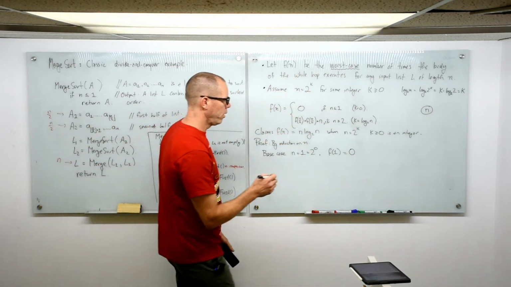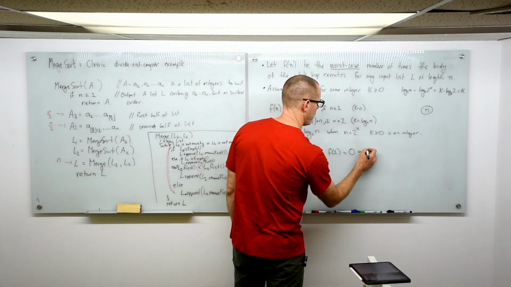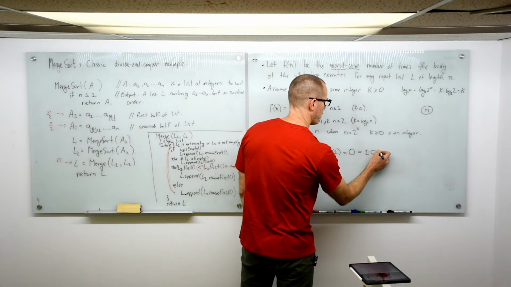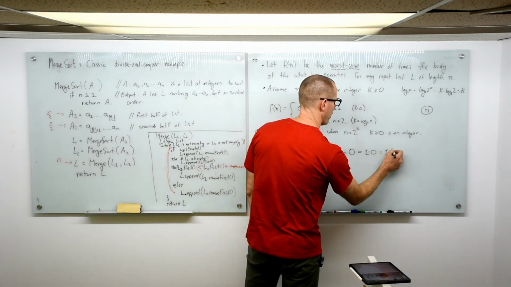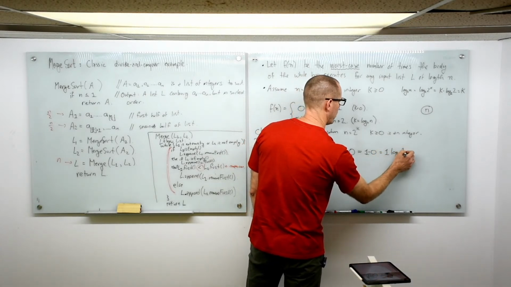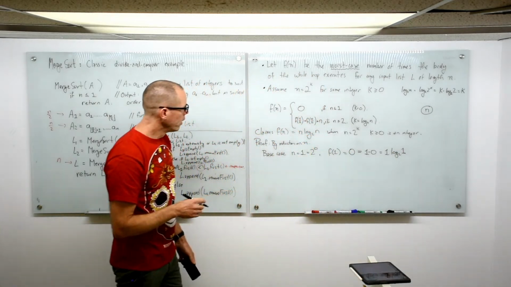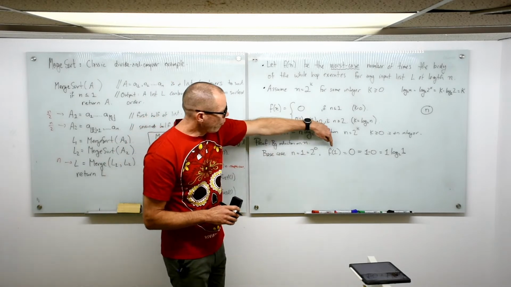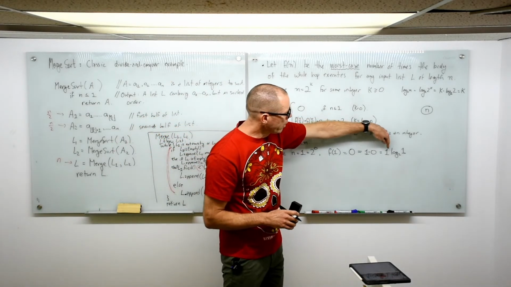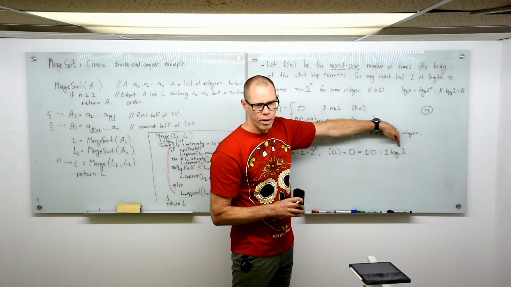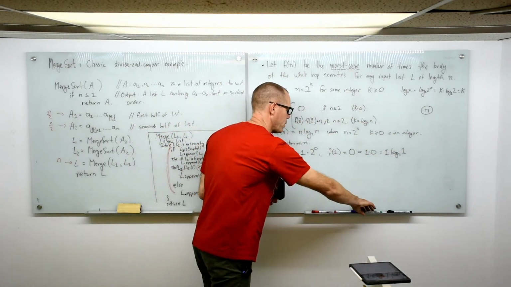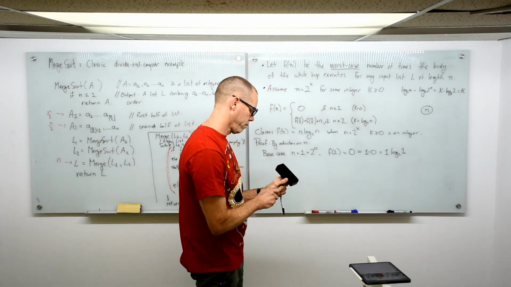And 0 is also equal to 1 times 0, which is also equal to 1 times log base 2 of 1. Okay. So in the case n equals 1, f of n is equal to n log base 2 of n. So that's our base case, all checked out.